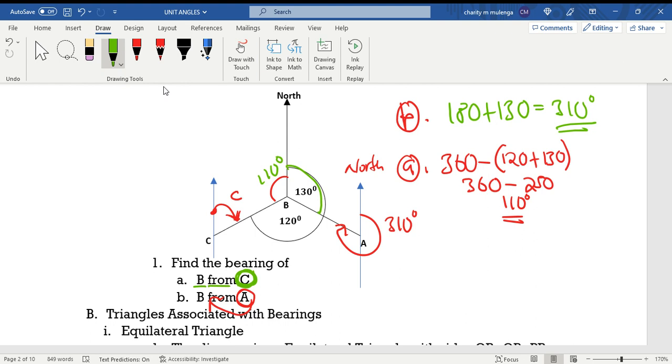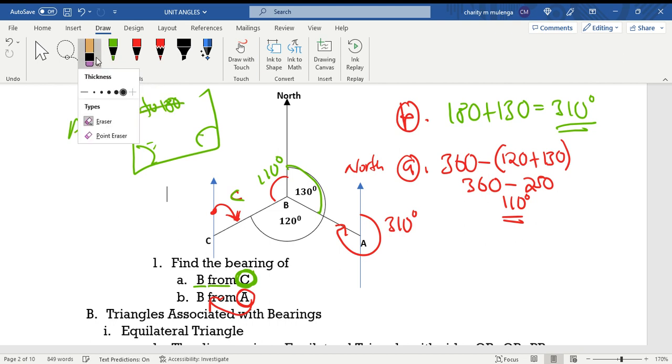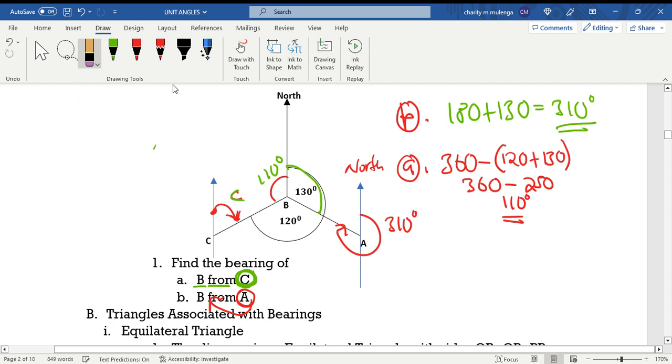Now, after we get the 110, we're going to carry out one more step to find this bearing at C. So C and 110 are inside the U. Don't forget, if it's a U, these two angles add up to 180 degrees. So meaning 110 and angle C add up to 180 degrees. So now look at this.